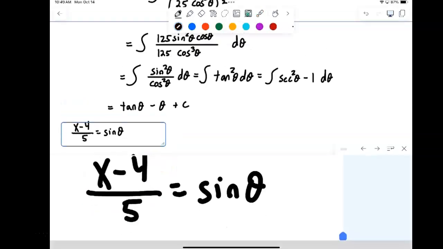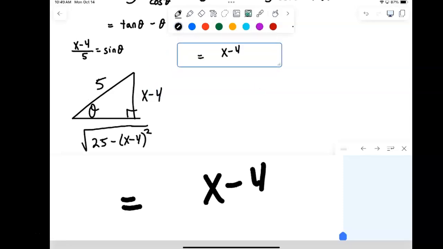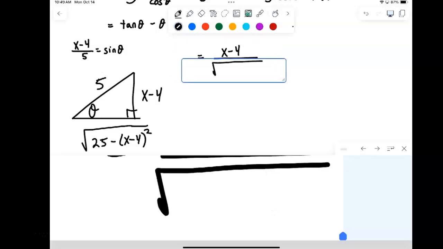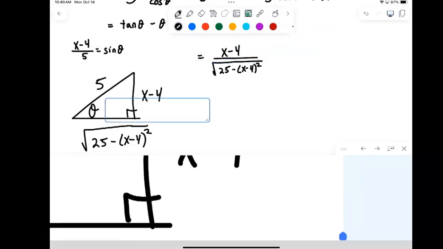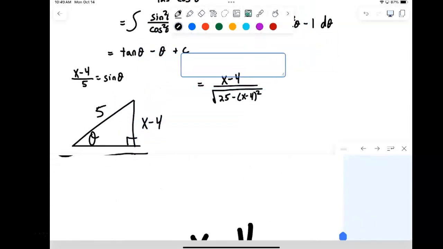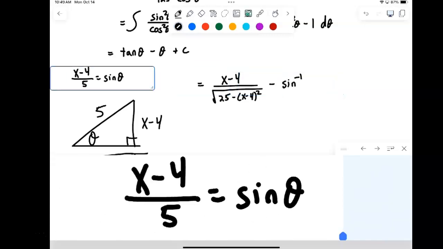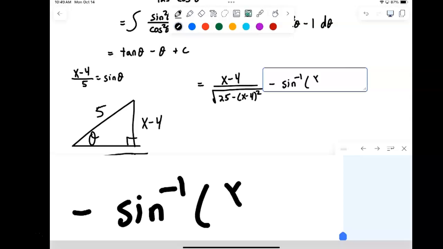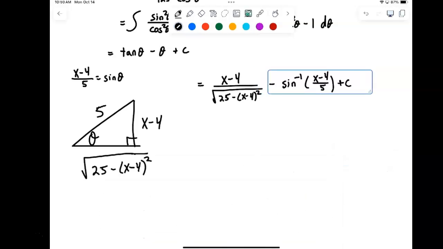So tangent theta will just be x minus 4 over the square root of 25 minus x minus 4 quantity squared, and then minus theta, which would just be inverse sine of x minus 4 over 5. And then plus our constant of integration.